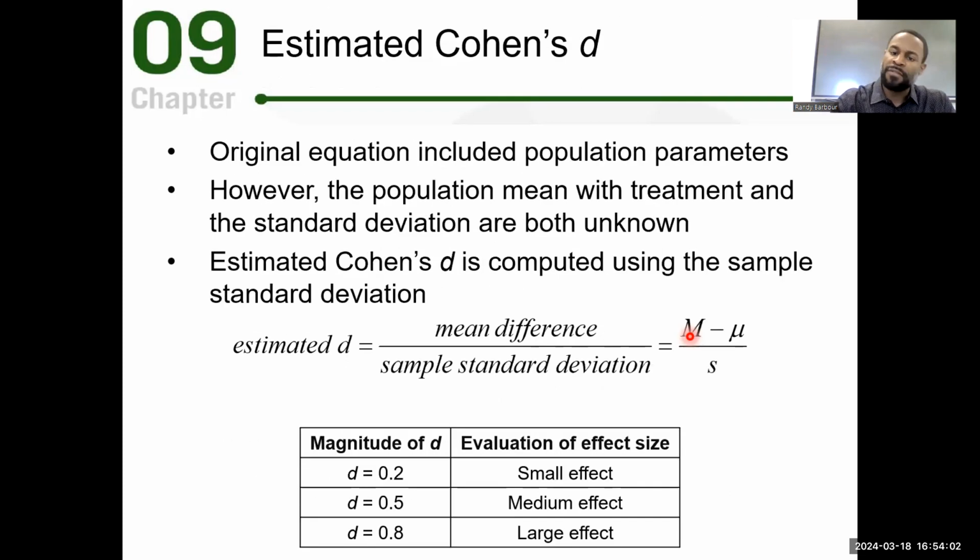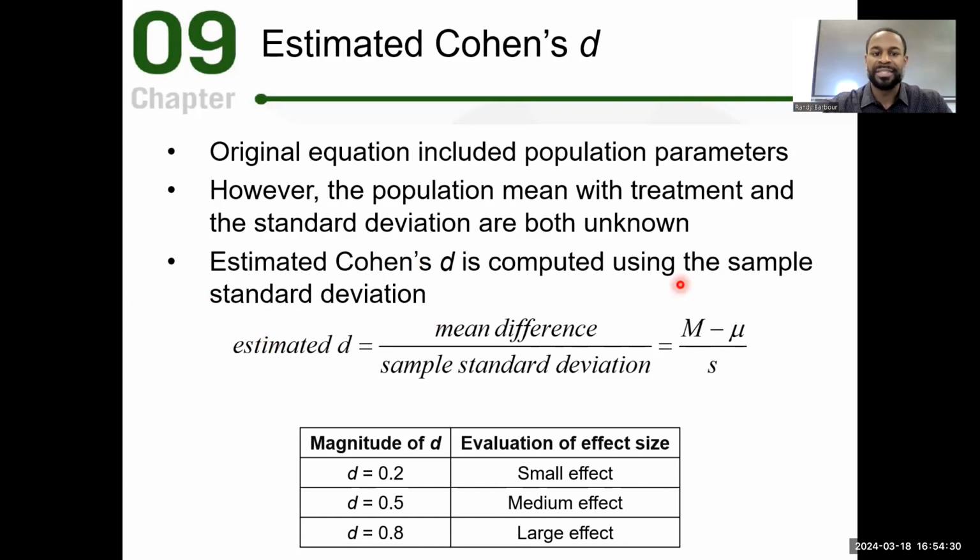All right. So very much like we did for the z-test, the estimated Cohen's d. We talk about the estimated Cohen's d because we're using our sample instead of our population in order to calculate the Cohen's d for this particular value. And since we're not using the population, we're using an estimate, we call it the estimated Cohen's d or the estimated d.